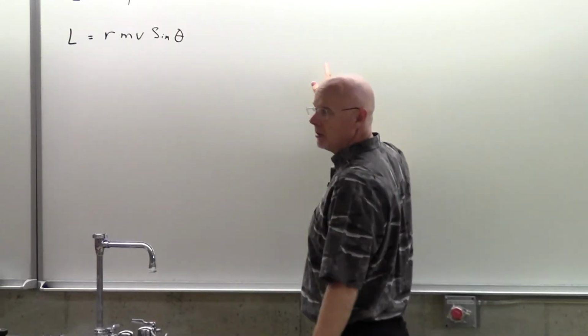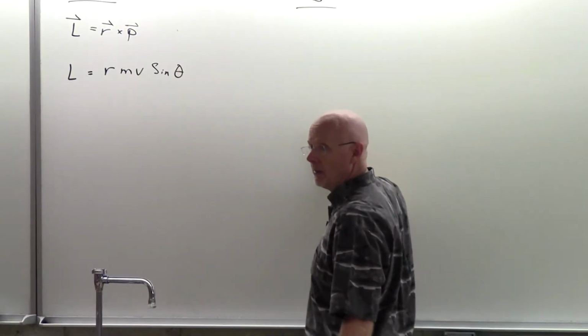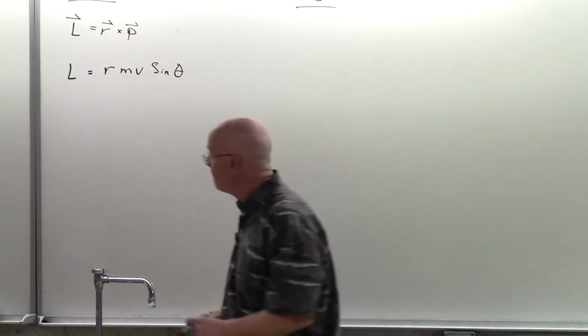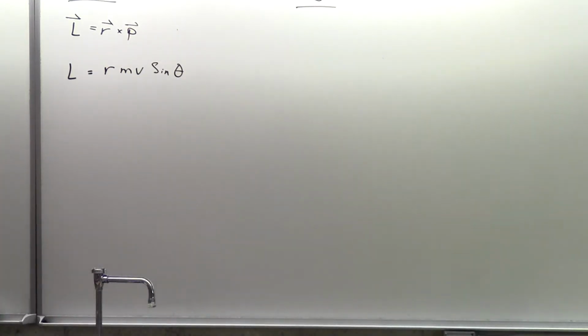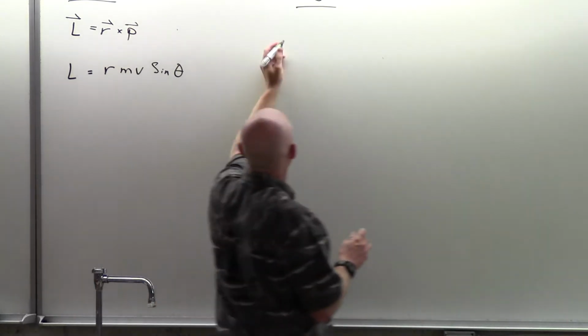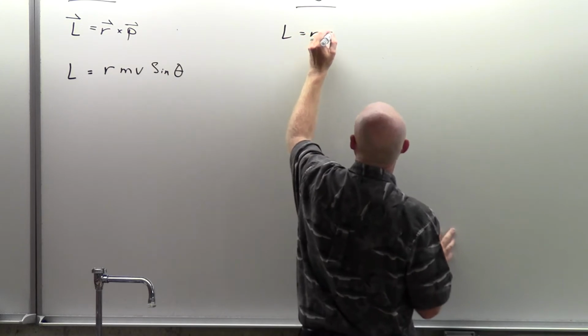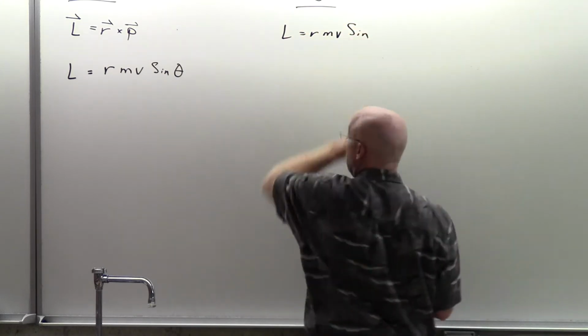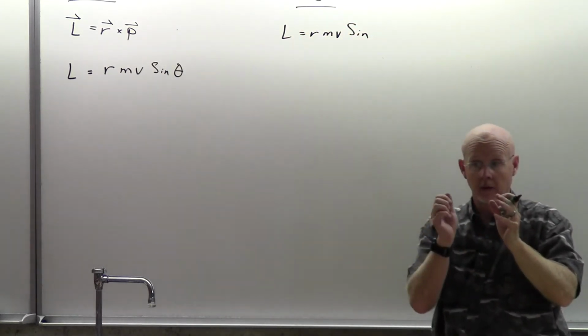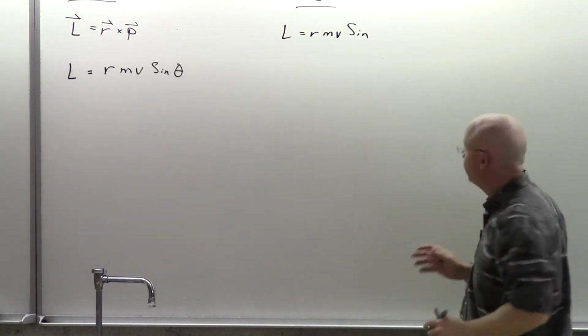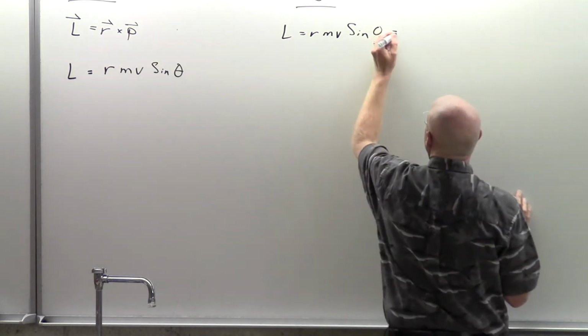So let's look at the angular momentum as measured from B. I guess from here to here would be R. And so I'll just do the magnitude. So there's R. It would be mv times sine of 0, or 180. I'll put 0. And what would that give you?